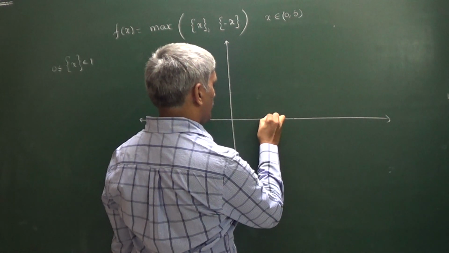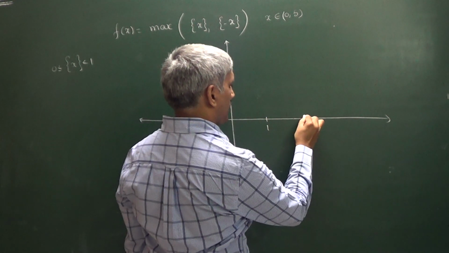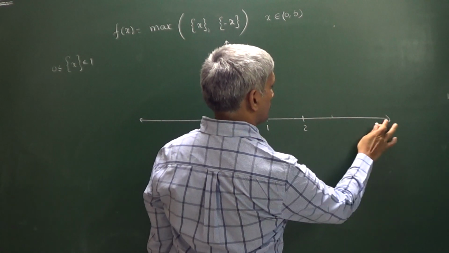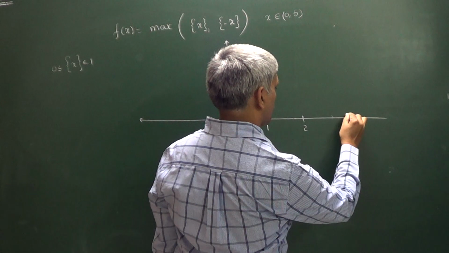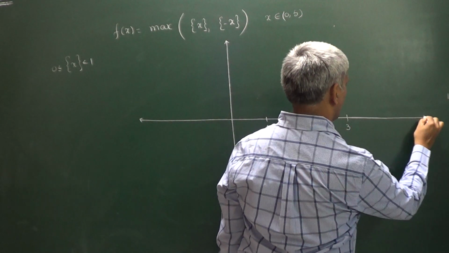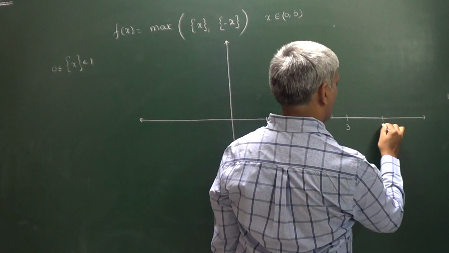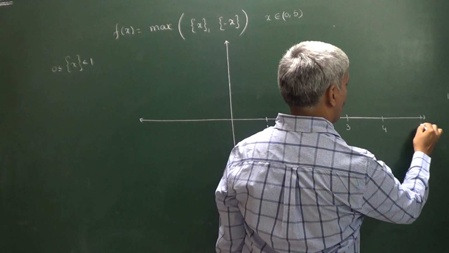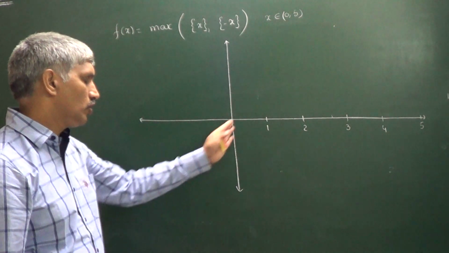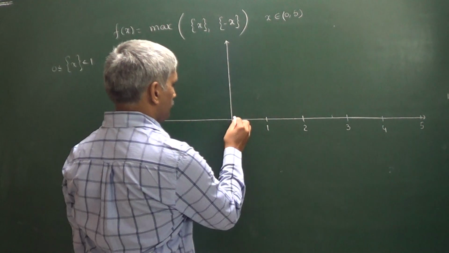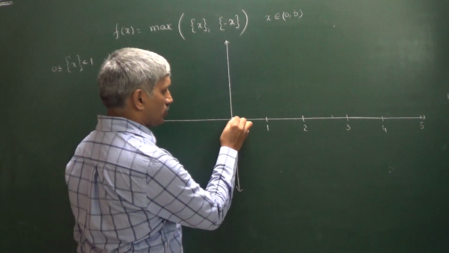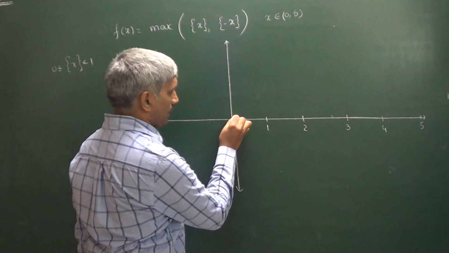So somewhere here 1, next here we have 2, we'll extend a little bit, so this is 3, next 4, and we have 5. So that is 0, 1, 2, 3, 4, 5. Now you can check at x equal to 0, it is 0 only.